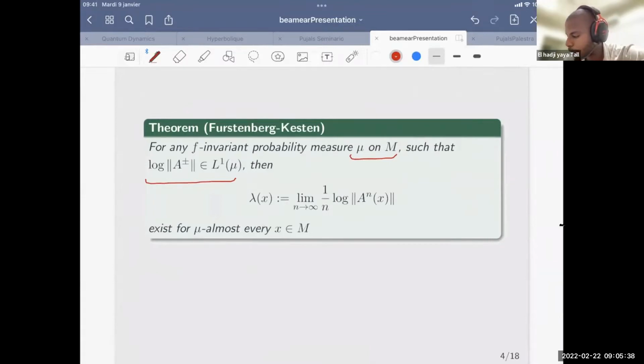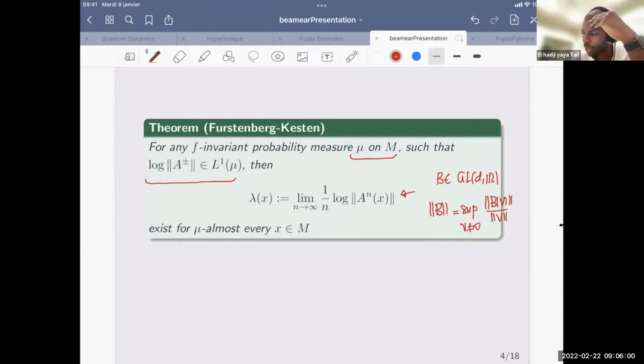Here I'm using the operator norm, but any norm would be fine. If you take a matrix B in GL(d, R), you can compute the operator norm, the supremum of the norm of Bv over the norm of v for non-zero vectors.